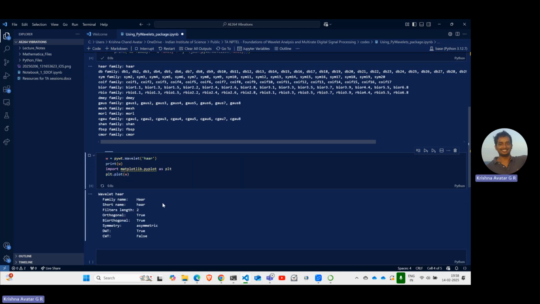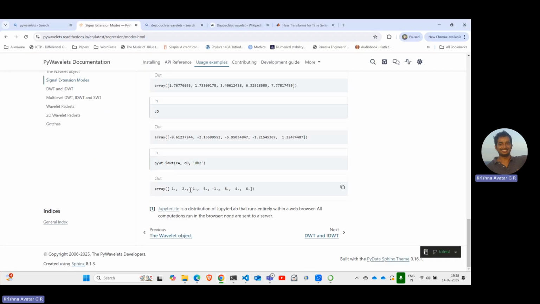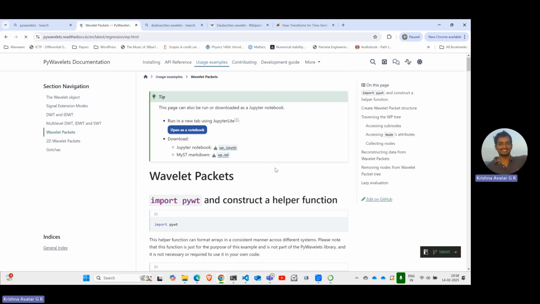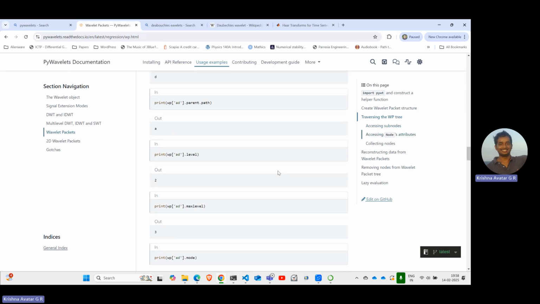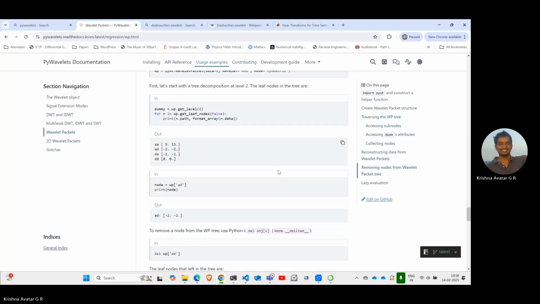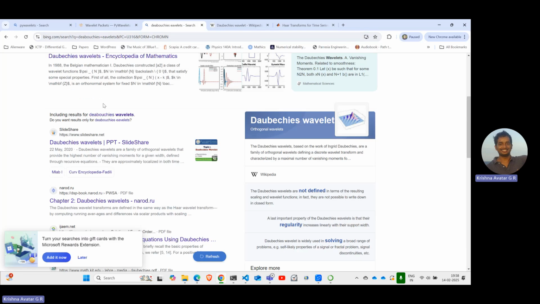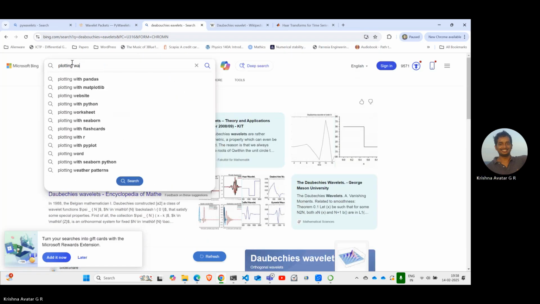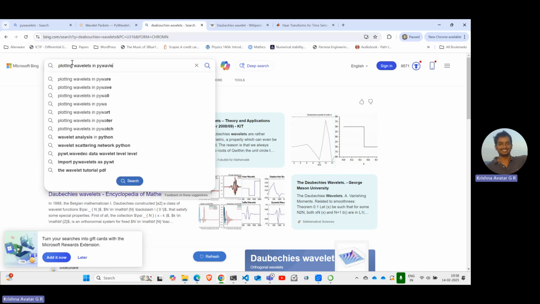Of course, it won't be. Does it plot it? No, of course not. So I just want to know, how do we plot these wavelet packets? Let's directly go to wavelet packets and see how we plot it, because we are essentially very much interested in plotting. So all that we can say is ask about plotting wavelets in the PyWavelets package.